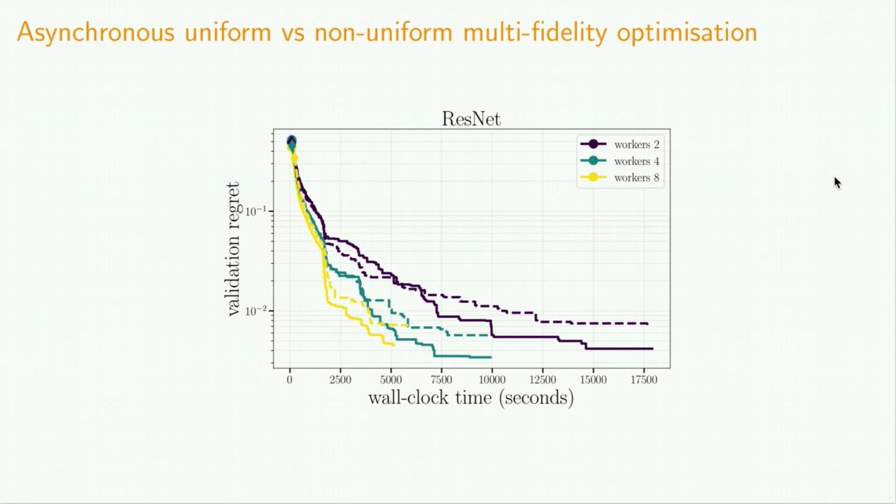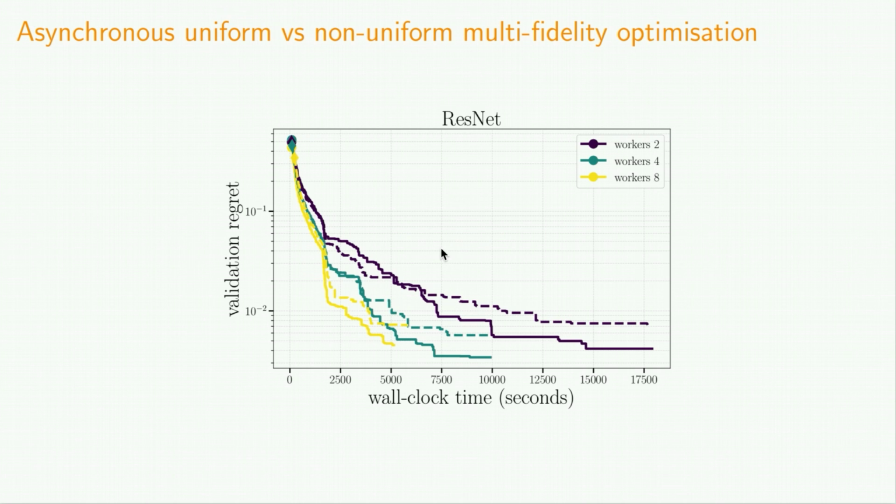So here we show how both approaches compare if you compare uniform versus non-uniform multi-fidelity optimization. As a function of the number of workers, we're able to increase the number of evaluations by using several workers. We have a comparison between asynchronous Hyperband, uniform allocation, the dotted line, and model-based Hyperband, which is the continuous line.